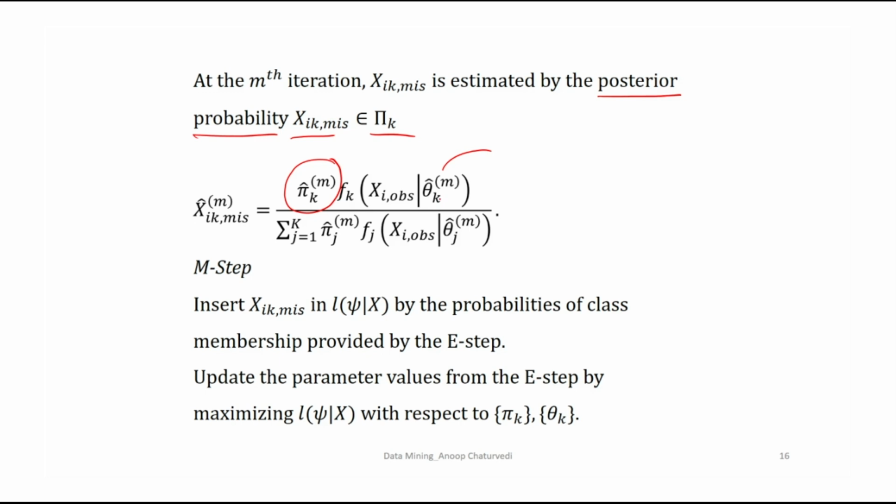So, this is the current value of theta_k, or the current estimator of theta_k, divided by the summation over j of pi hat_j m f_j(x_i observed given theta hat_j m). So, this is an estimator of the missing observation at the mth iteration.